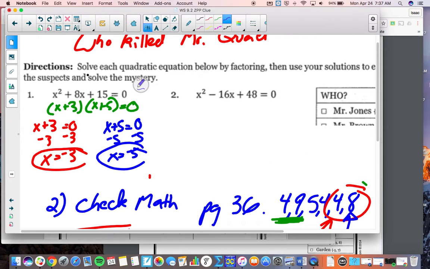Remember how that works? Careful on number 2 with your factoring. You're looking for numbers that multiply to 48 and that add to negative 16. That means you're going to have two negatives. A negative times a negative is a positive, and when you add two negatives together, you get a larger negative, a larger debt. So 12 and 4, yeah, negative 12, negative 4.